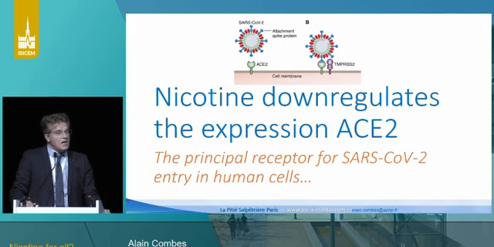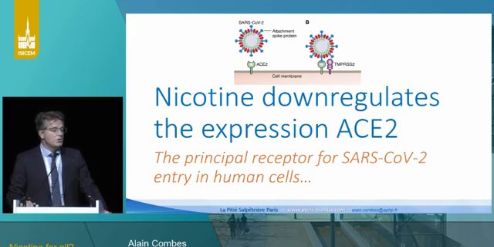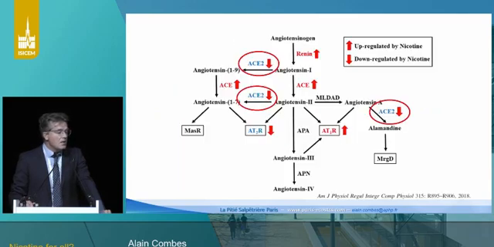So there are data suggesting that nicotine might downregulate the expression of ACE2, which is, as you know, the principal receptor for SARS-CoV-2 entry in human cells.